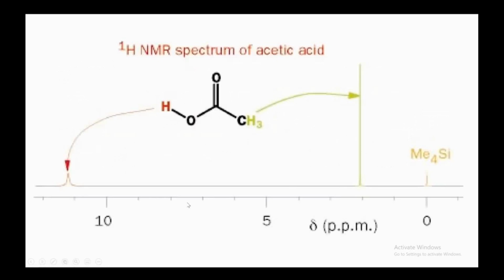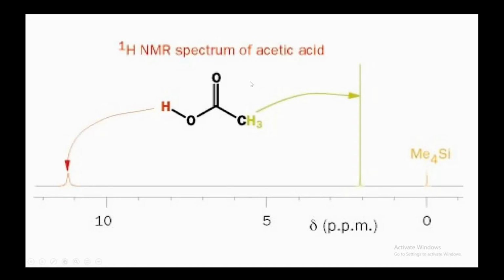Here is a simple NMR spectrum. So this is how an NMR spectrum looks. This is the Proton NMR spectrum of acetic acid, and the OH, the hydrogen of the hydroxyl group of the acid, appears most downfield and deshielded at around 11 to 12 ppm, and the methyl group of the acetic acid appears at around 3 ppm, and we have an internal standard, that is tetramethylsilane.